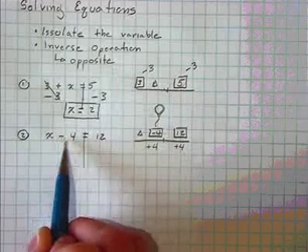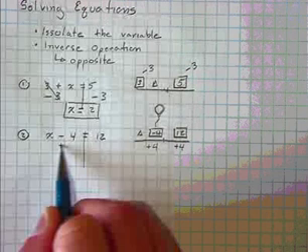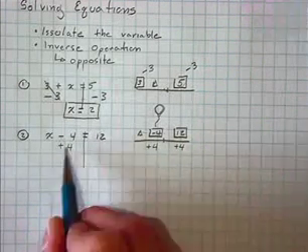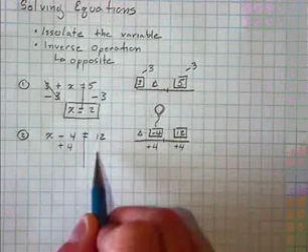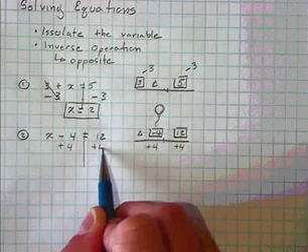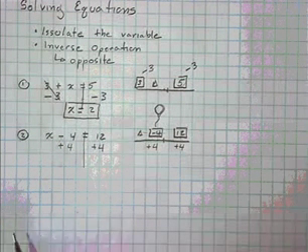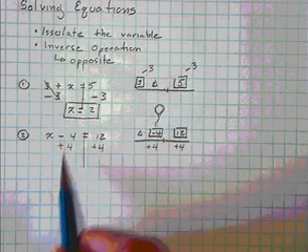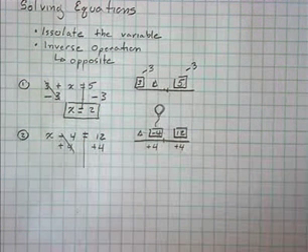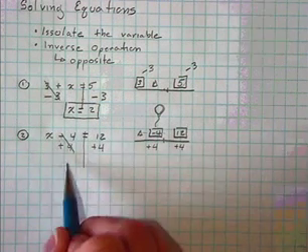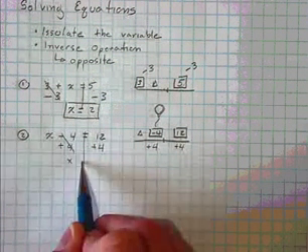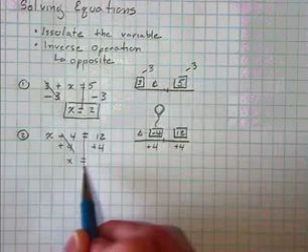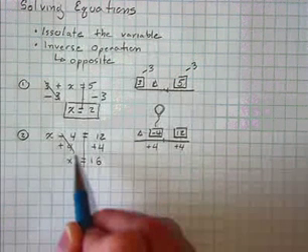So to undo the takeaway 4, I add 4. In order to keep these even, I add 4 to this side. Inverse operation, the opposite of subtraction, is addition. Cancel those. So x is now by itself, and on the other side, 12 plus 4, which is 16.